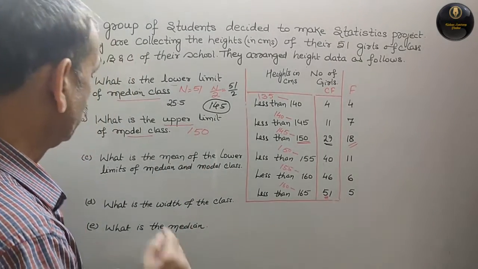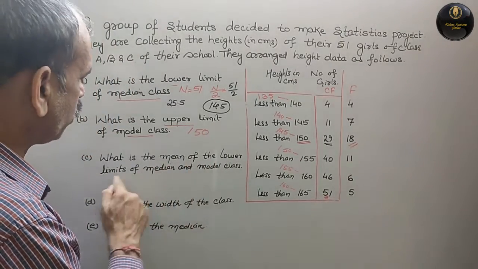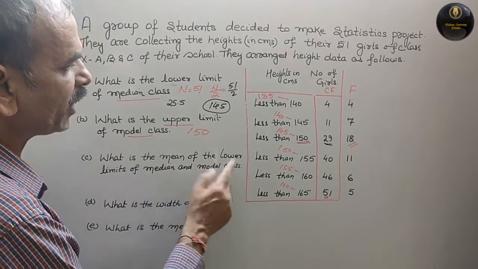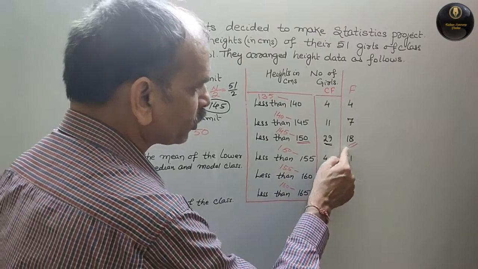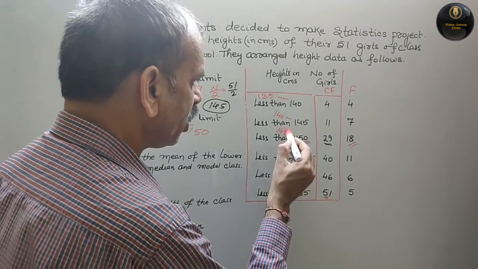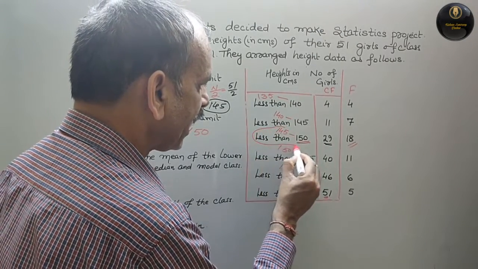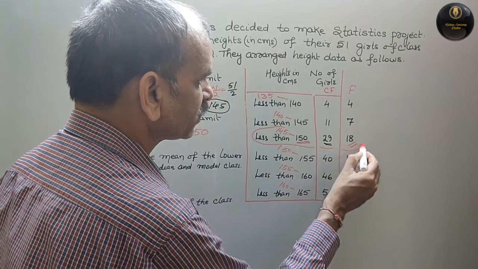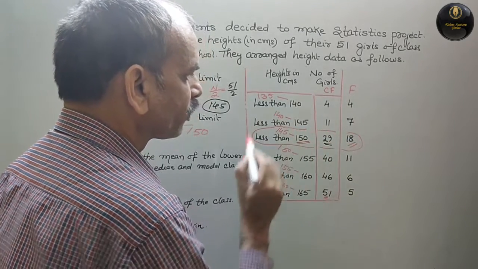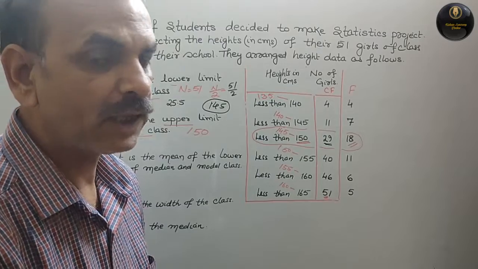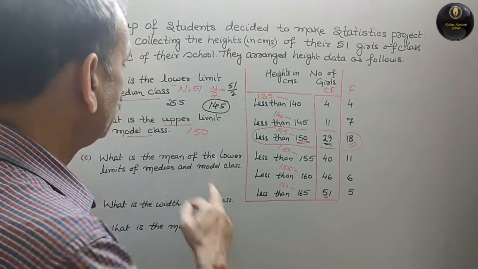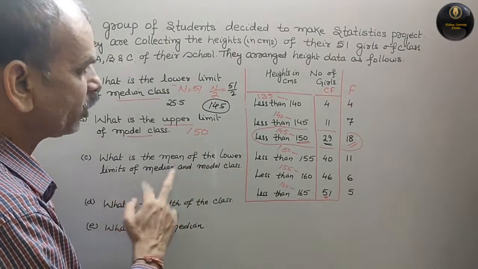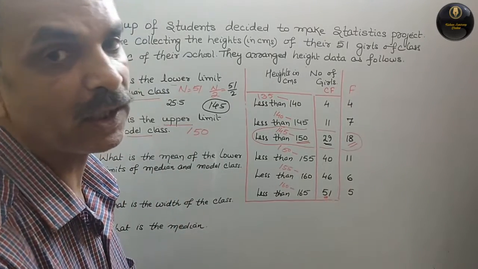Next, what is the mean of the lower limit of the median and modal class? So you can see both. This is your median as well as modal class. Both. So they have asked you the mean of lower limit of the median and modal class.